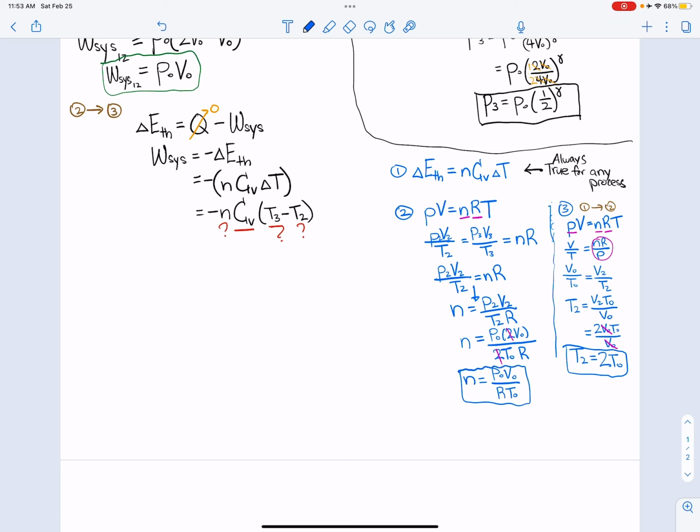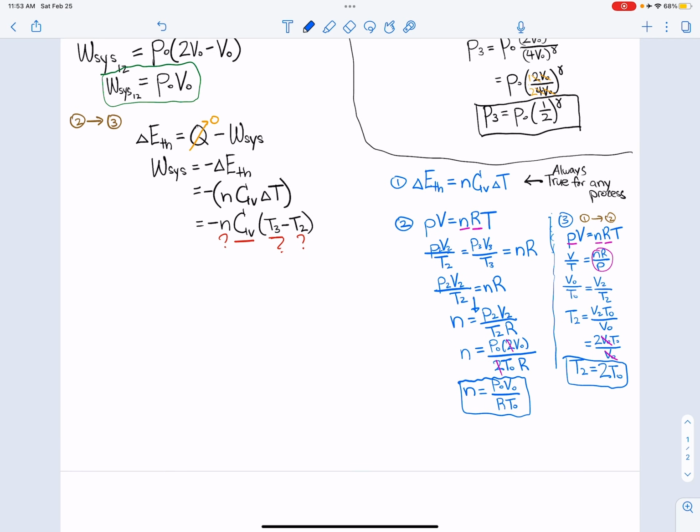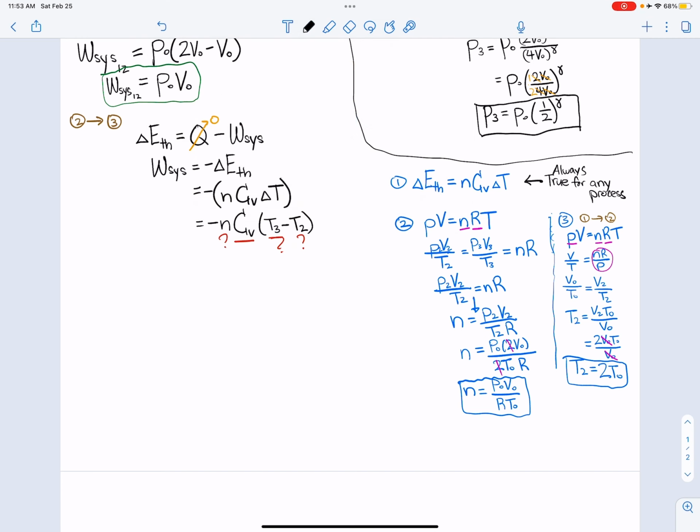Yeah, we had 3 side missions so far. And we'll have a lot more in this problem. Well, maybe not a lot more, but we have some side missions to do. Okay, so now I have my value for n, and my value for T2.